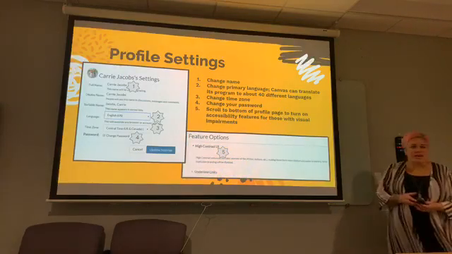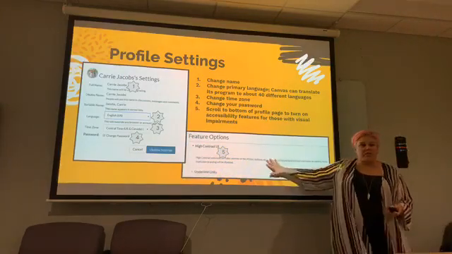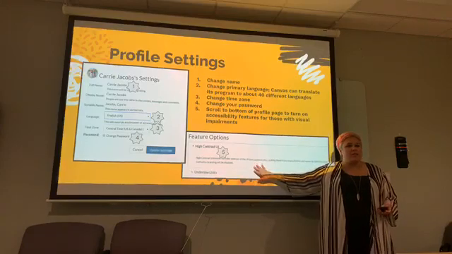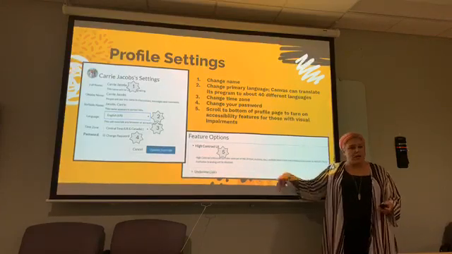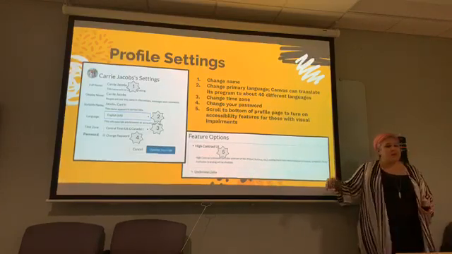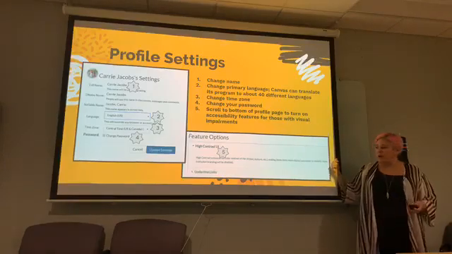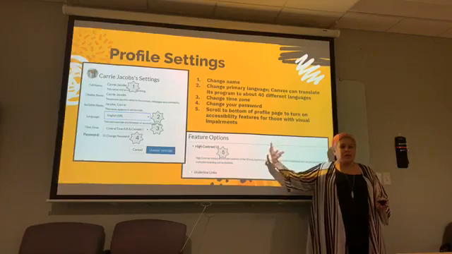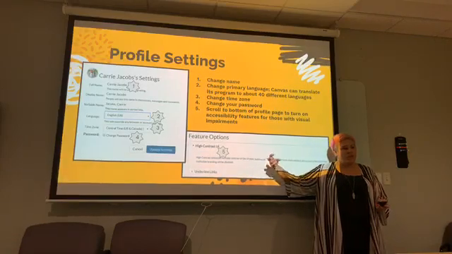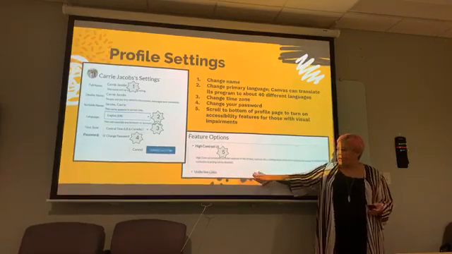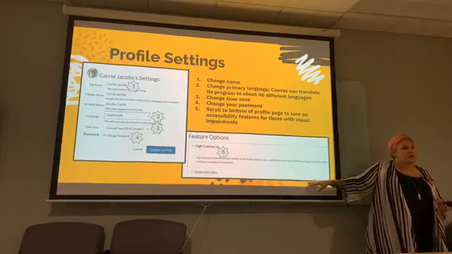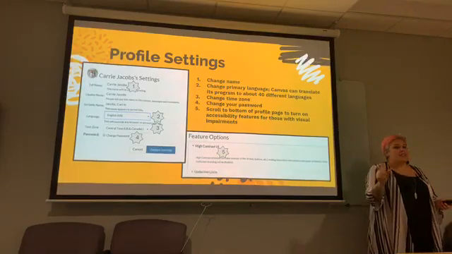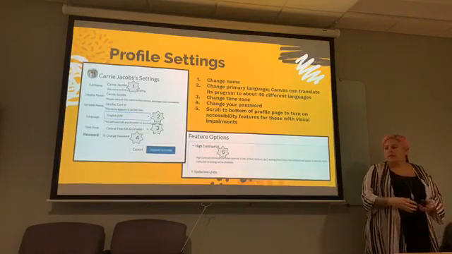At the bottom of that settings page, if you are a person that has visual impairments, visual issues, you can scroll down to the bottom. Canvas offers a couple different features to help with visual impairments. First is a high contrast, so it will darken and lighten certain things to show the difference. And then it will also underline links, so you can tell that that's a link versus just seeing it bolded.